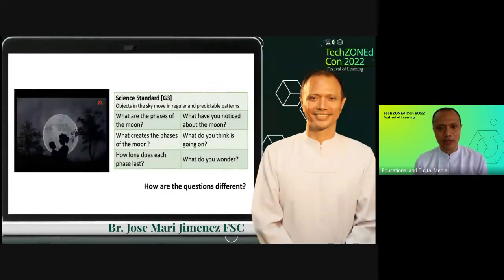The second approach, I believe, is a little more experiential, more engaging, more process oriented. Science teachers will probably notice that in the second column, the series of questions really walk the students, the grade 3 students, through the scientific process.